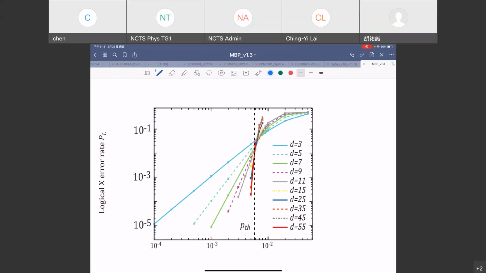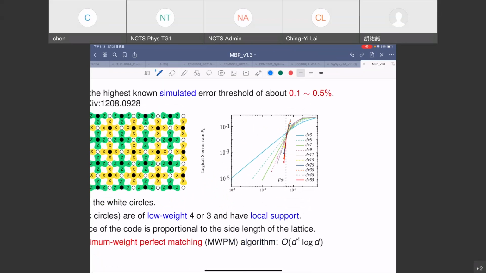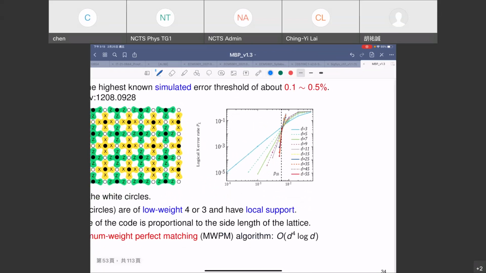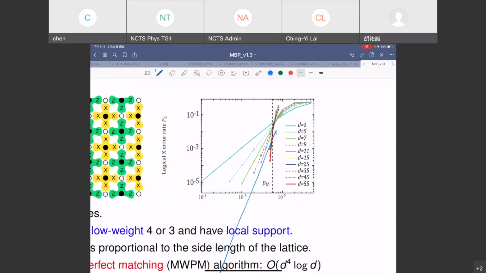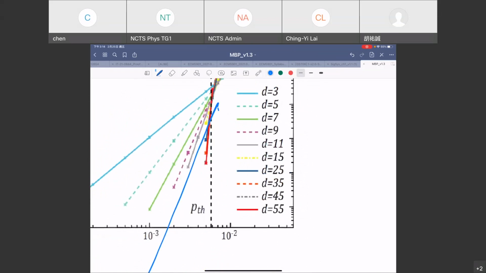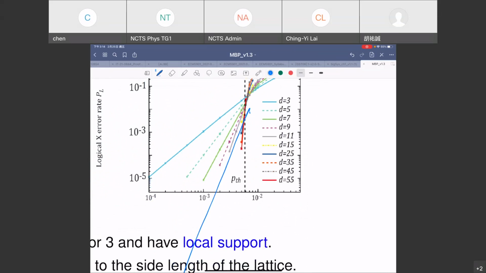So assume that we have a physical error rate of 10 to the minus 3, and we want to have a logical error rate of 10 to the minus 10. 10 to the minus 10 is roughly here, right? Something like this.